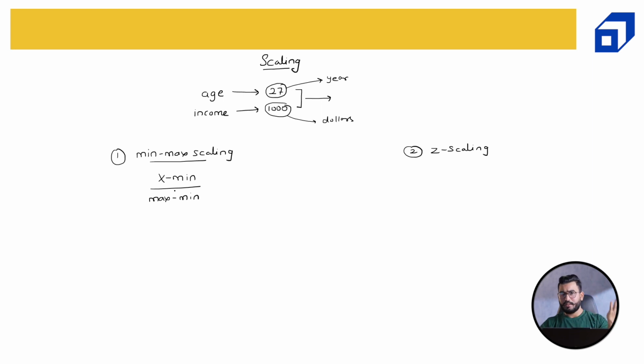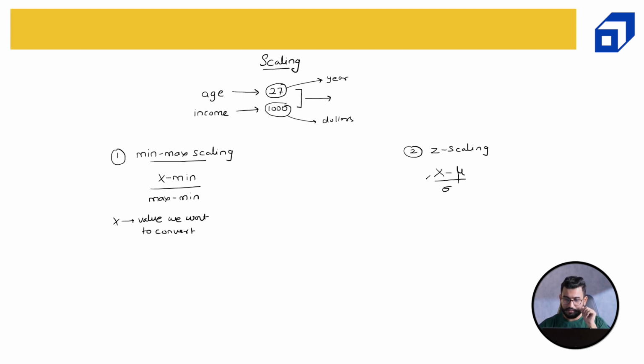I'll show you the example in Excel. As of now, just look into the formula where x is the value we want to transform or convert. Now here in z scaling, the formula is x minus mu, that is x minus mean, divided by sigma.